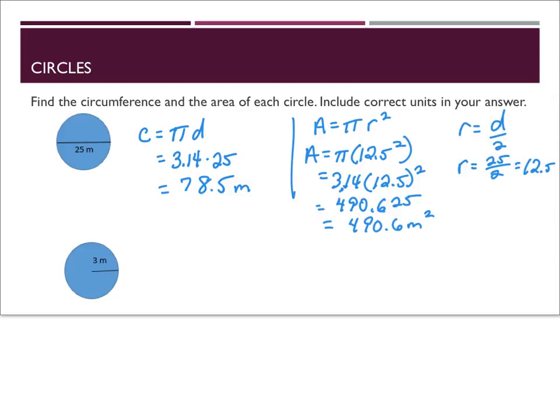On the second circle, we're given the radius. So if we want to find the circumference of the second circle, the easiest formula to use is the one that's 2 times pi times r.